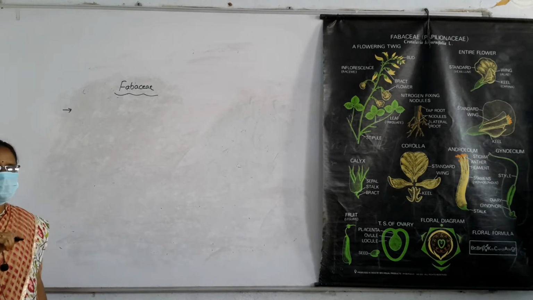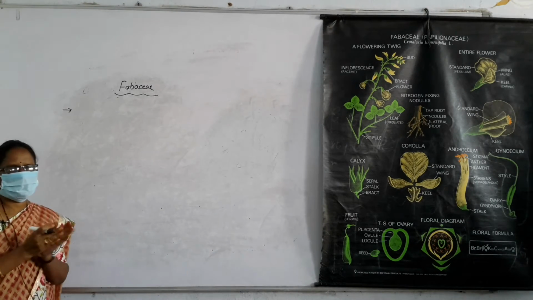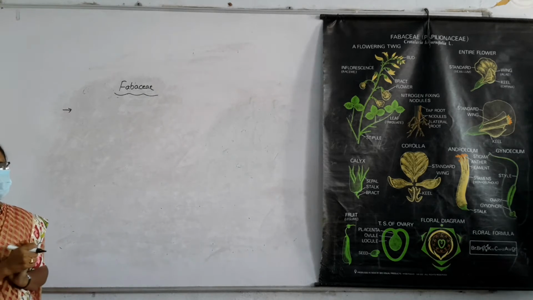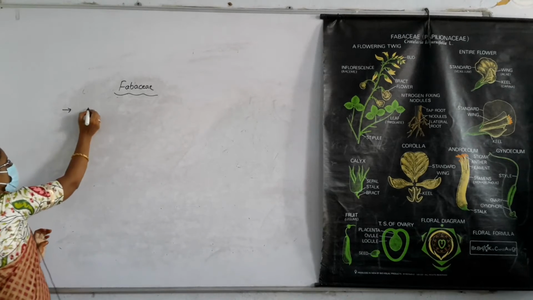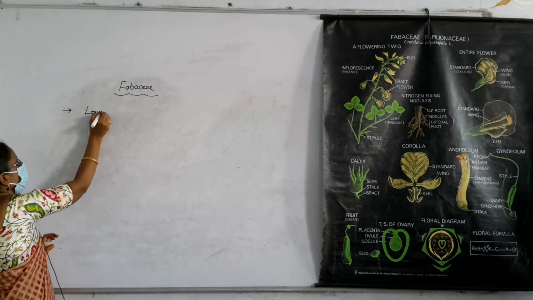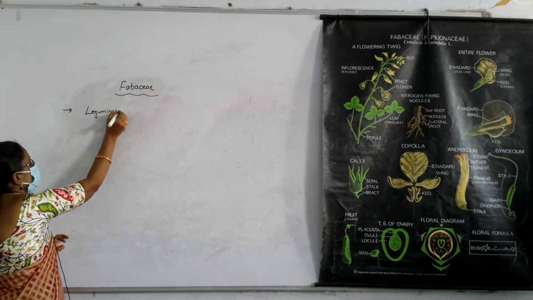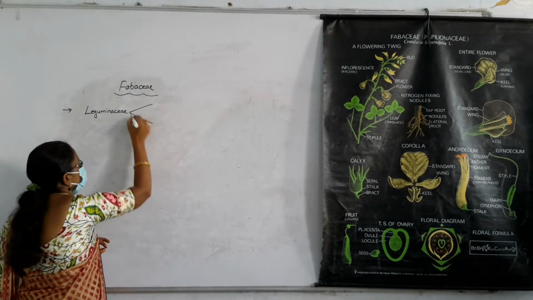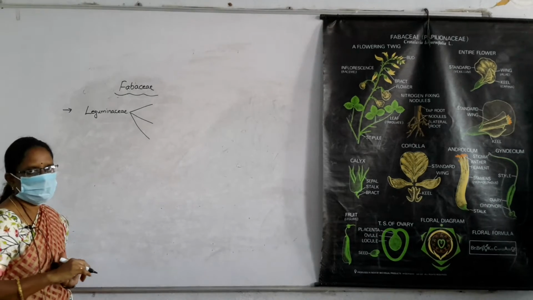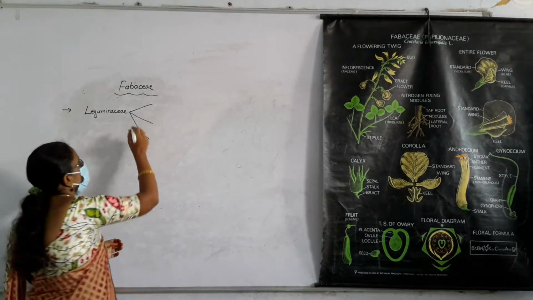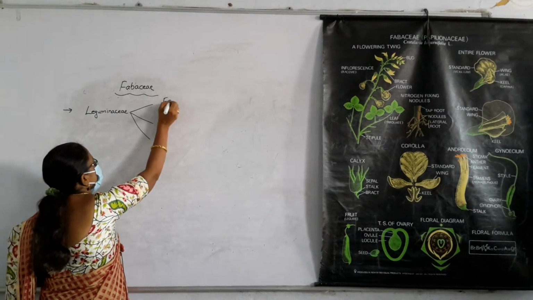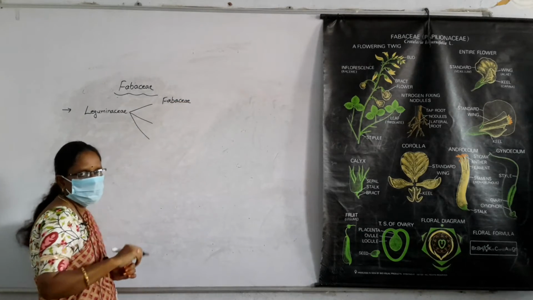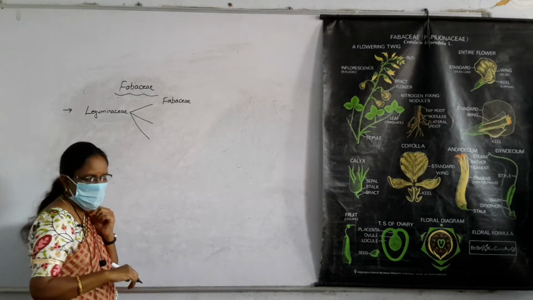Fabaceae or Leguminosae, actually they are called the Leguminosae family. There are three subfamilies in the Leguminosae family. First one is Fabaceae. Second one is Caesalpinaceae.